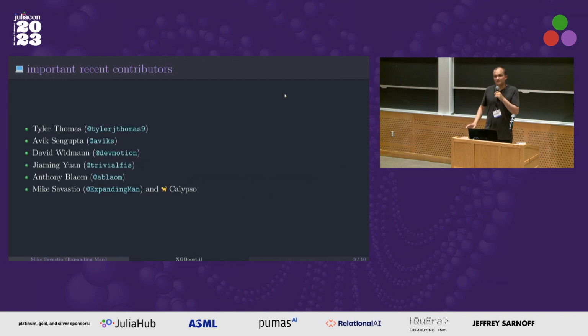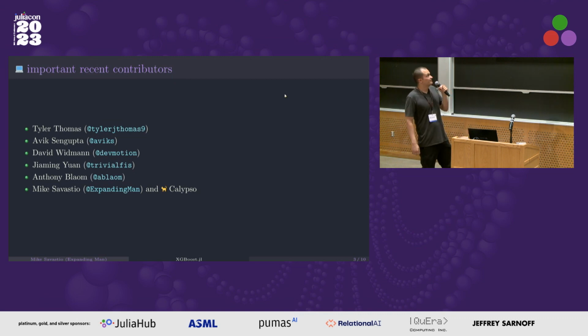A lot of people have been working on this wrapper recently. It's sort of been an explosion of interest. Tyler Thomas did a lot of the BinaryBuilder stuff that needed to be done, especially for CUDA. Avik was one of the maintainers of the package originally.